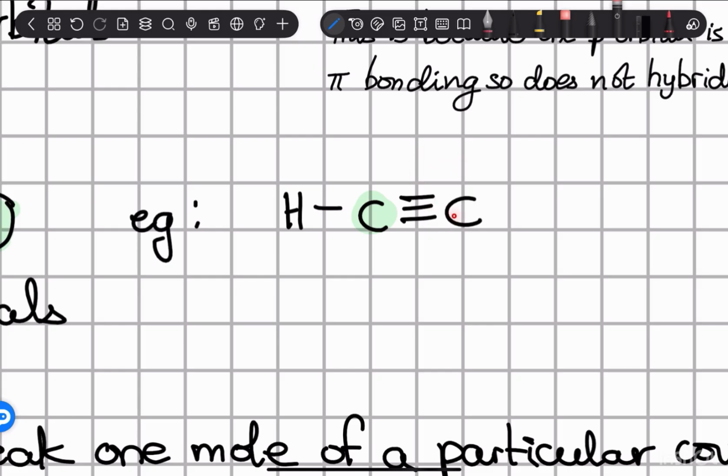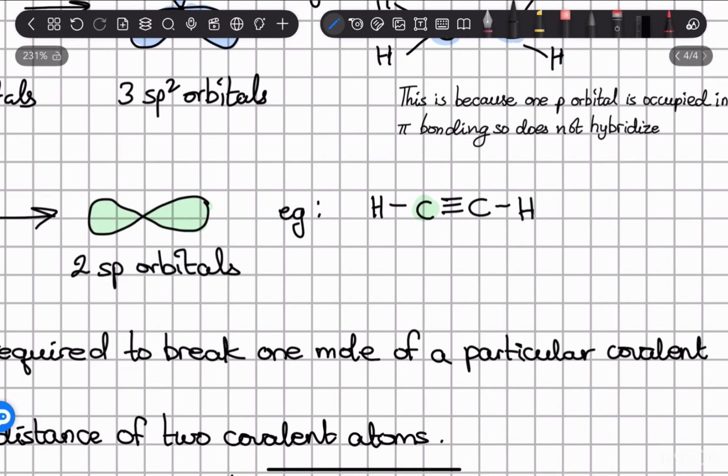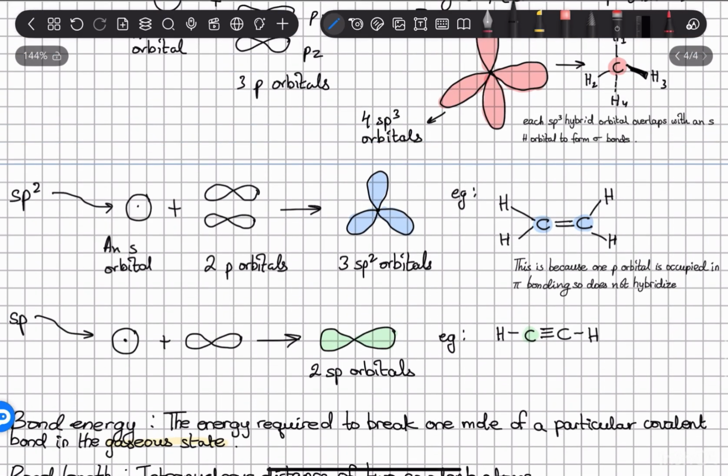Then we have the p orbitals that form pi bonds. So there's two pi bonds in this molecule. It's also incomplete. There's supposed to be a hydrogen here. So again, a mirror-like molecule. This is actually ethyne. So that's it for hybridization. It's very simple. So now let me tell you the trick.